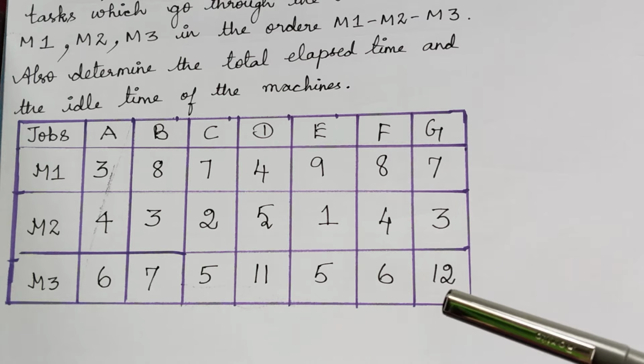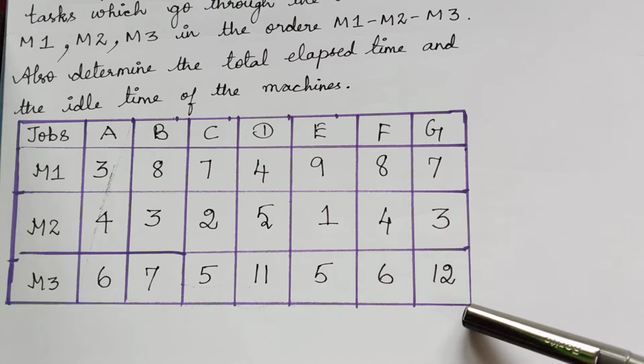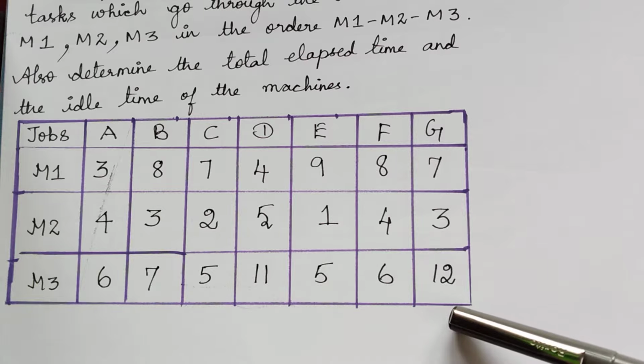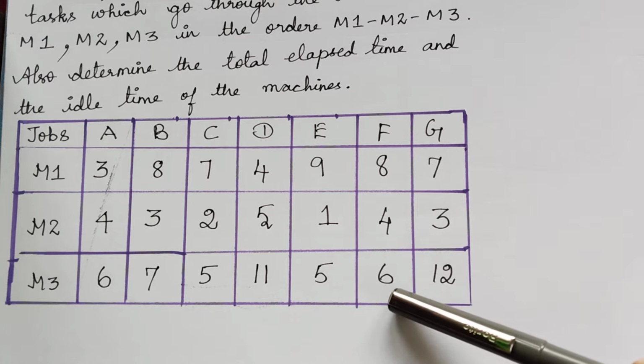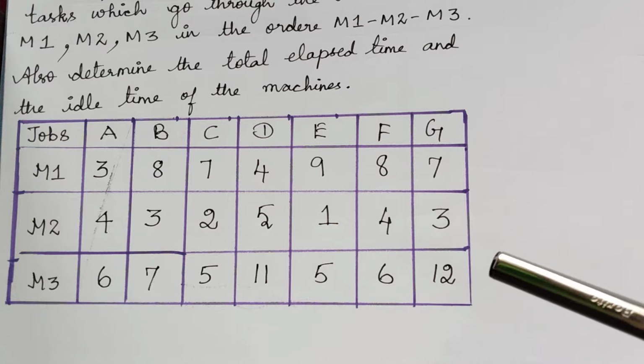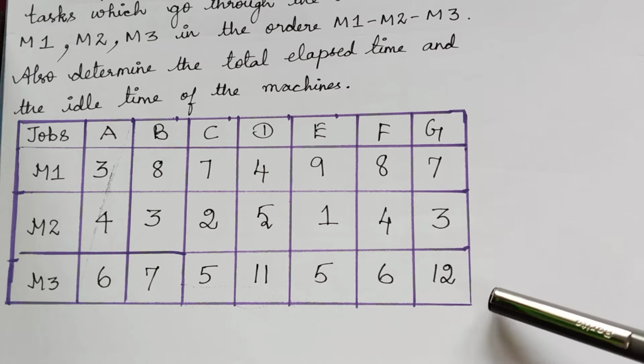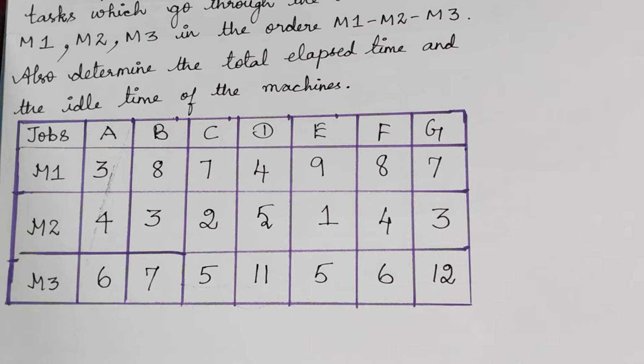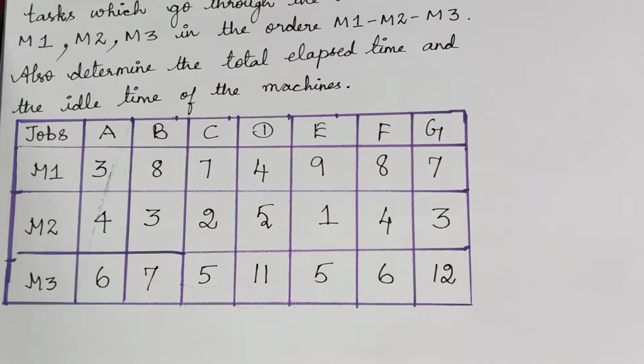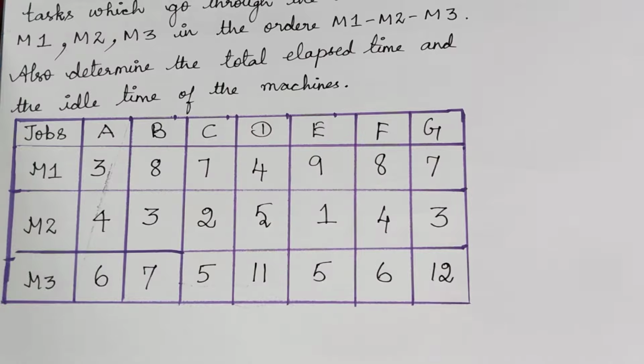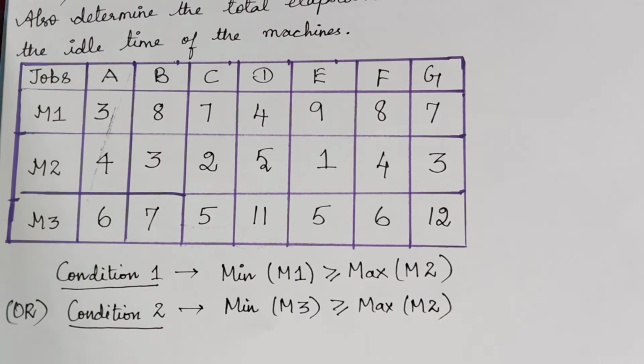So the first step is we have to test whether it is possible to convert this 7 job 3 machine problem into a 7 job 2 machine problem. And how to test it? We have two conditions. Any one of the conditions should be satisfied for that. So what are the two conditions? The first condition is minimum of M1 should be greater than or equal to maximum of M2.